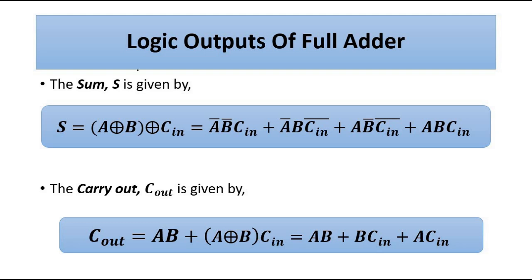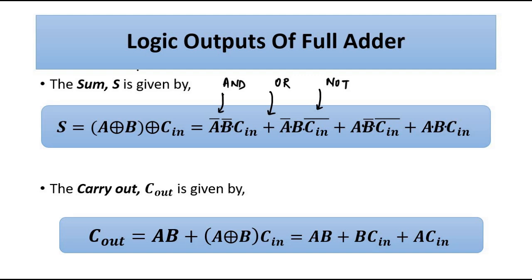Let me clarify again: this dot sign, the product sign, is AND, and this is OR, and the bar represents NOT, or bit inversion.